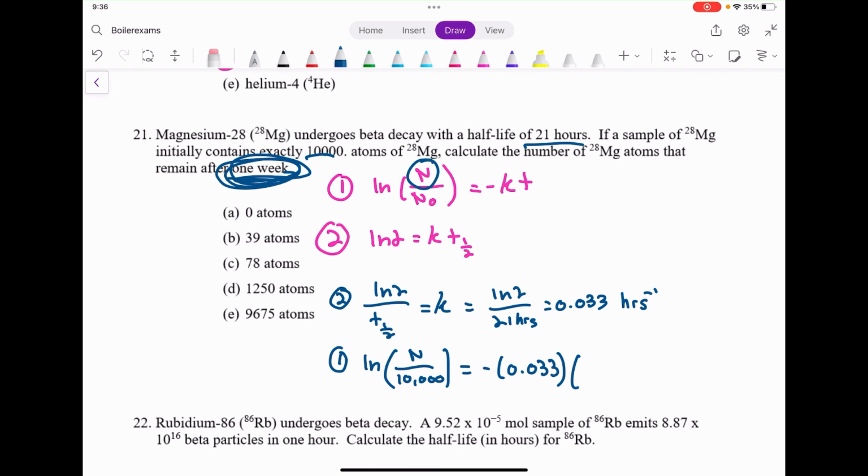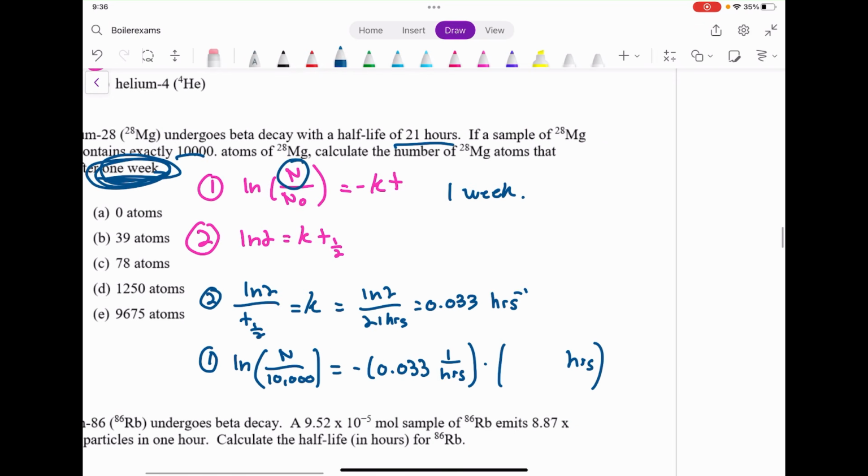Now here we go. Okay, they want the atoms that are left after 1 week. But the units on our rate constant are 1 over hours. So we're going to have to multiply this by something that's in hours. Let's convert 1 week into hours. In 1 week, I know there's 7 days, and in 1 day, I know there's 24 hours.